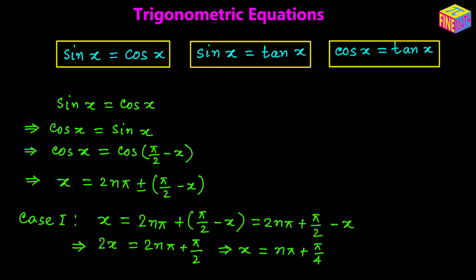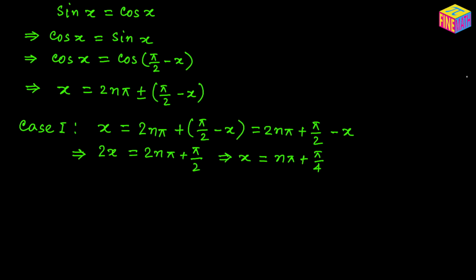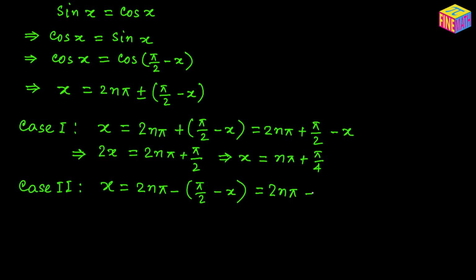Now what is the second case? Well, in the second case, let's take the negative sign, and if we remove the parenthesis, then what will happen? We will have 2n pi minus pi over 2 plus x. And now you see this x on the left hand side and the positive x on the right hand side, they are going to cancel out each other. It will look like 0 equals 2n pi minus pi over 2, which is kind of absurd.